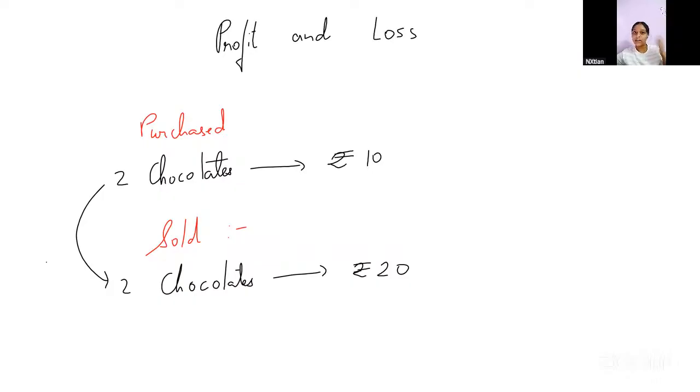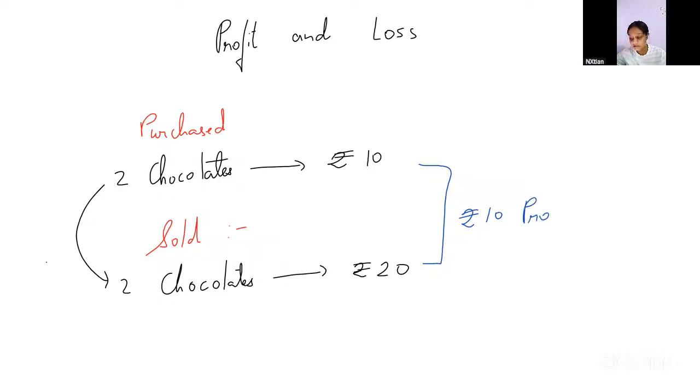How much higher? 10 rupees more. Okay. I bought it for 10 rupees and sold it to my friend for 20 rupees. So this 10 rupee difference is known as profit. This 10 rupee difference is my profit.